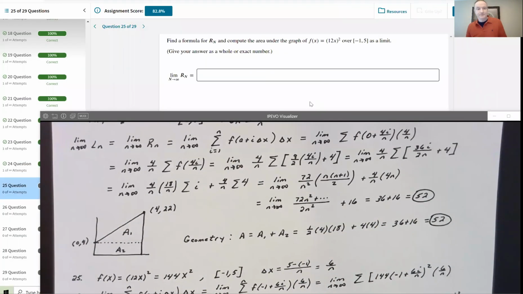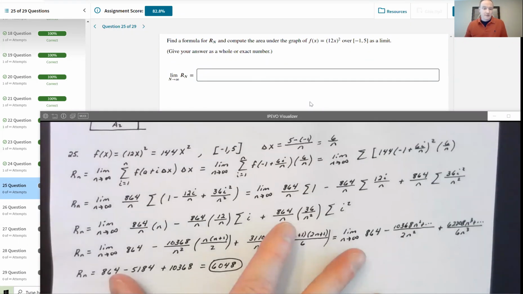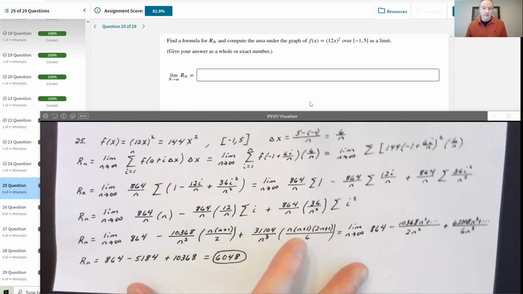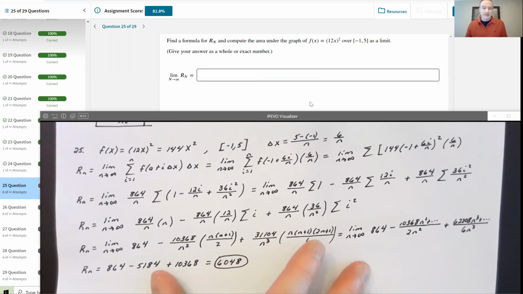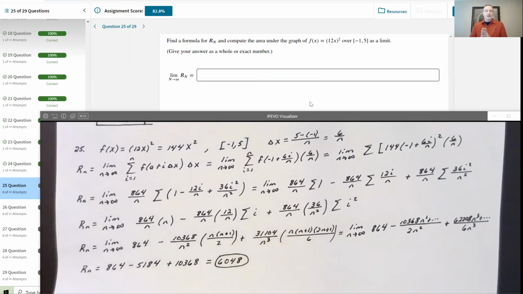Number 25 is my first problem that's a little bit more fun instead of just the basic linear functions. In this one, f of x is equal to (12x) quantity squared, which I just went ahead and simplified to 144x squared. And we're trying to find the area under the curve from -1 to 5 using this infinite approximation formula, Riemann sum.